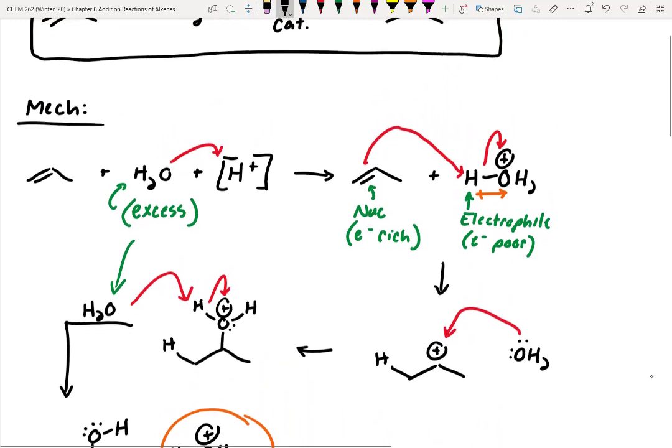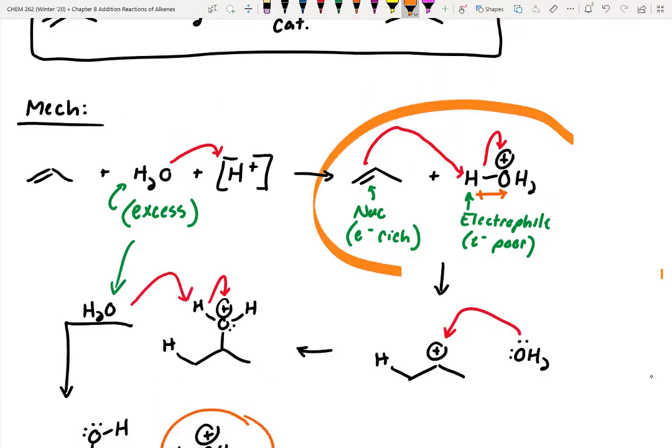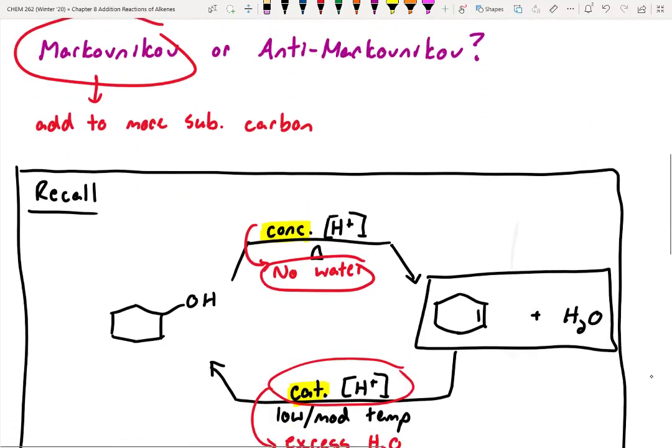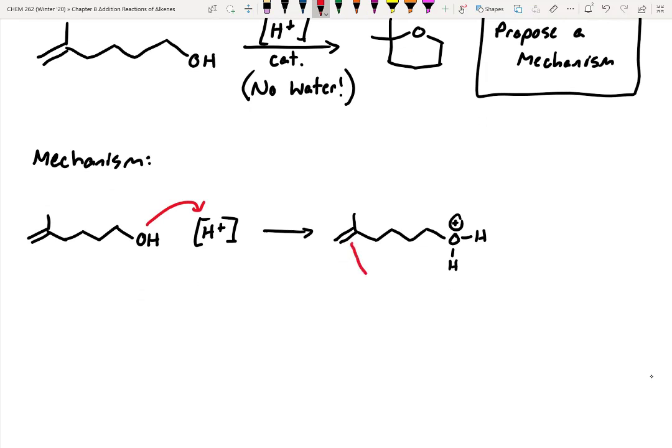Let's take a look at our previous notes, though. Up here, we had something similar, right? In this step, right up here, we had our pi bond steal a proton, right? So let's try that. Let's do a similar step with our proposed mechanism. All right, so in this next step, we'd say, well, what if this pi bond steals a proton?